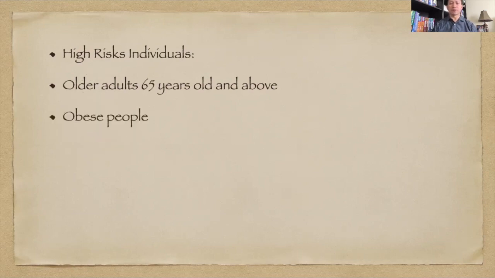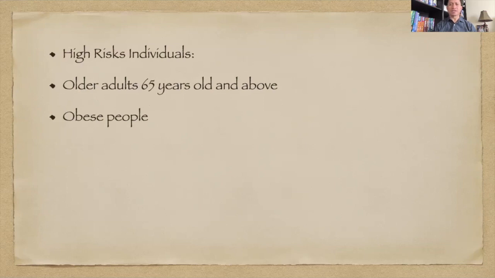Another high-risk individual is the people with obesity. So how can we say that the person is obese? Usually it is based on your BMI, or body mass index. And the normal number for BMI is 18 to 25.